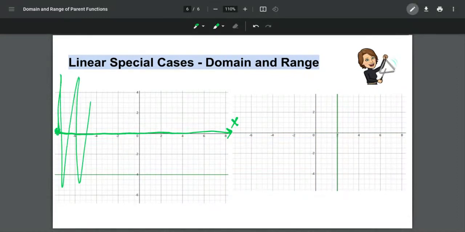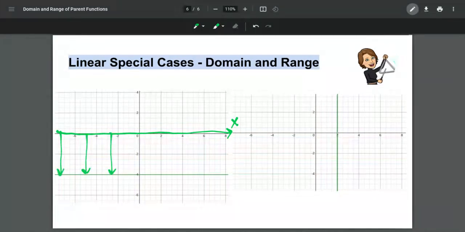What's happening? I'm looking to the left and right. Oh, here is a function. So I'm going to find an output for any x value, correct? So therefore, my domain is anything I want it to be. Okay, all real numbers.